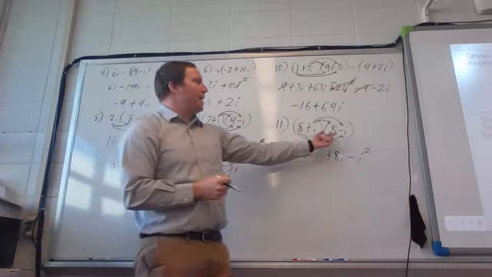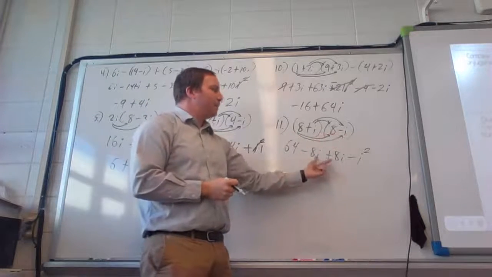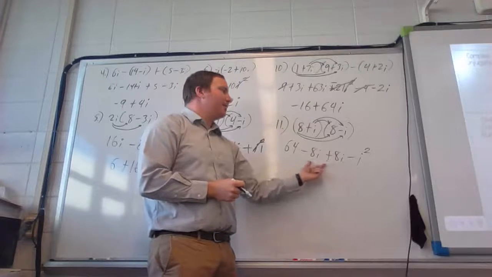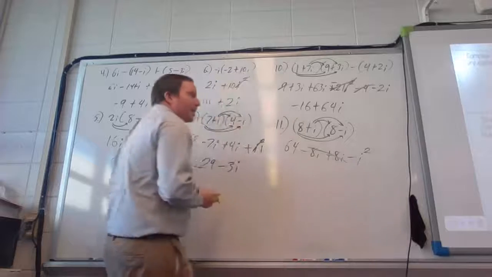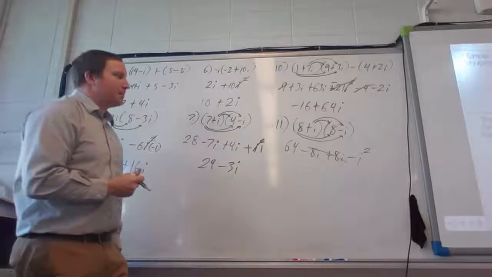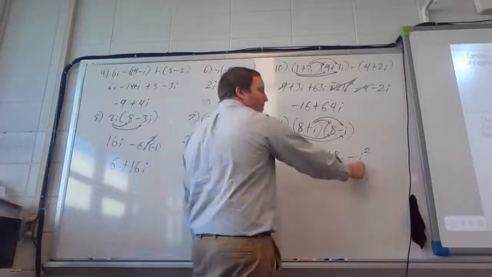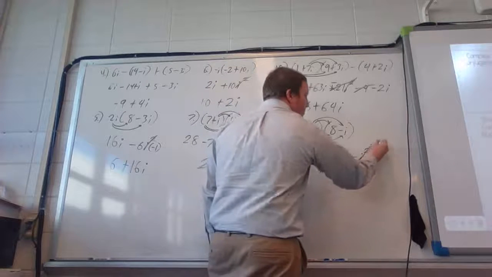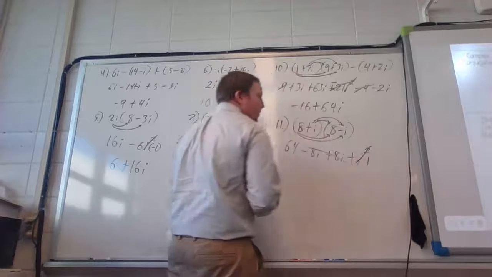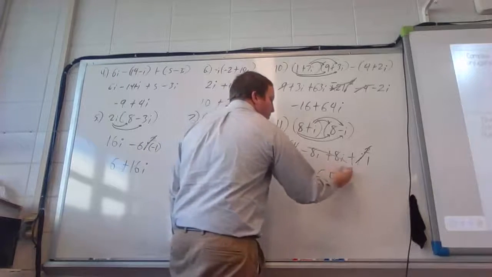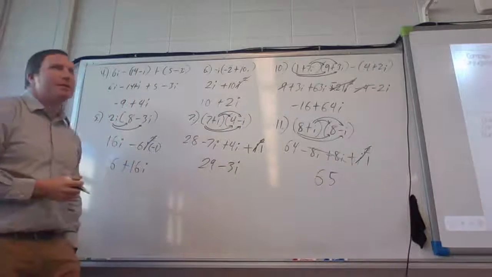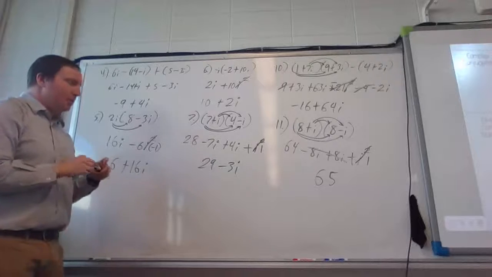Because we had a positive and a negative i, when we FOIL it out, we get a positive and negative 8i. Those two things are opposites, so they cancel each other out. So 64 minus i squared. And i squared is equal to -1. Those two become a positive 1. So it's 64 plus 1, which is 65. And that's exactly how we get rid of our imaginary parts.